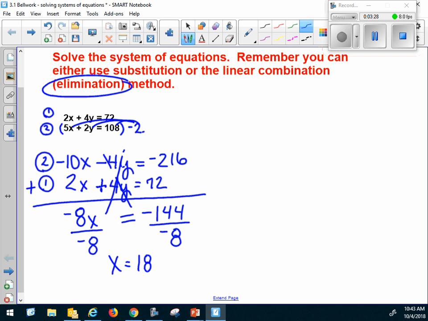A negative divided by negative is a positive, so we should be getting positive 18. Questions so far? Is this coming back to you? Okay, so now that we know that x is 18, what do we do to find y? Plug it in, substitute it. So we can plug it back into either equation, it doesn't matter. I'm going to go back into equation number 1.